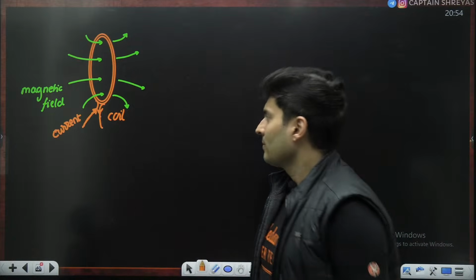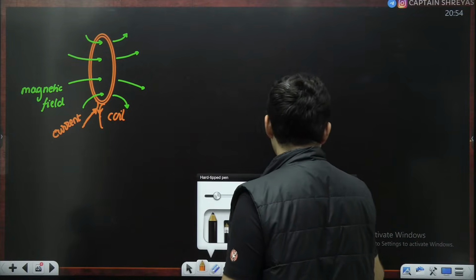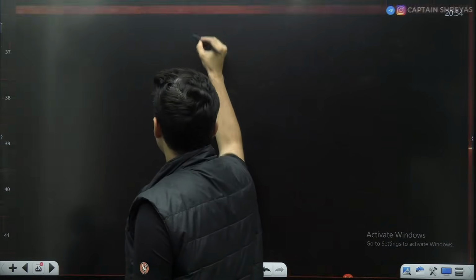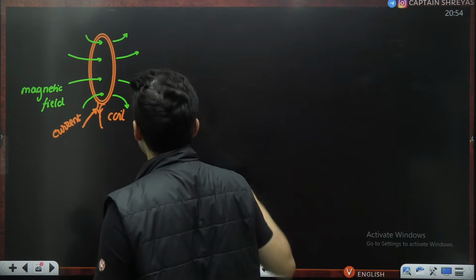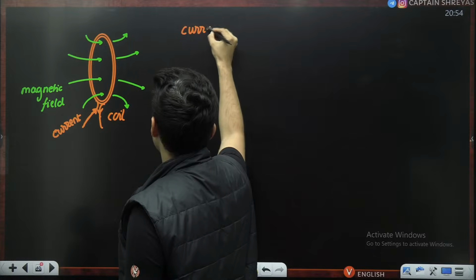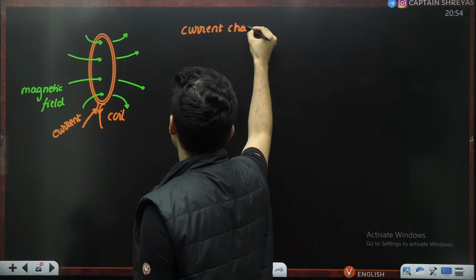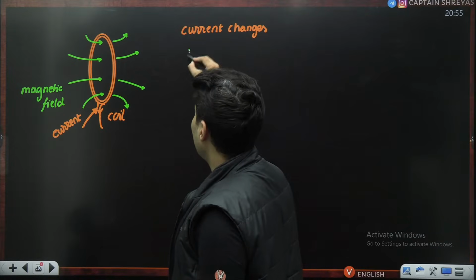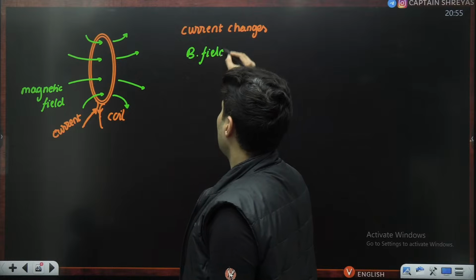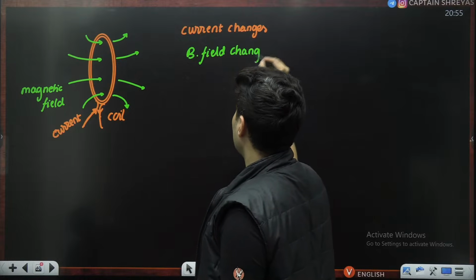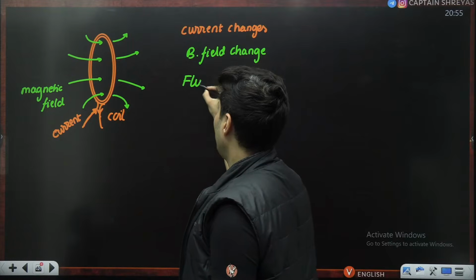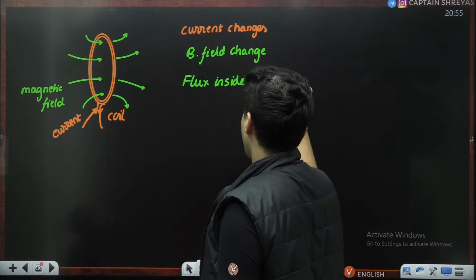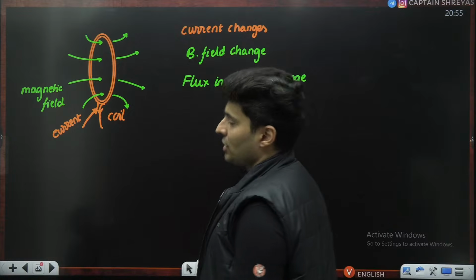Now just imagine, if that current changes, what will happen? If somebody decides to change the current, obviously the magnetic field will change. If the magnetic field changes, the flux inside the coil will also change.